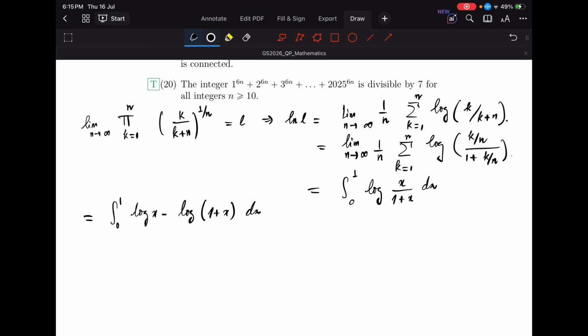Okay, right? So integrating term wise, we have the integral of log x, which is x log x minus x, and for log of 1 plus x, we have 1 plus x times log of 1 plus x minus 1 plus x, from 0 to 1.